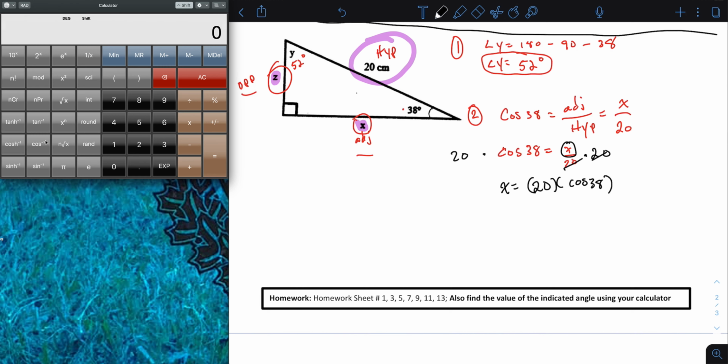Now I have to go back. These are still minuses, so you have to be careful. Hit shift to go back to the regular ones. I'm going to go 38 cosine, which gives me 0.78.